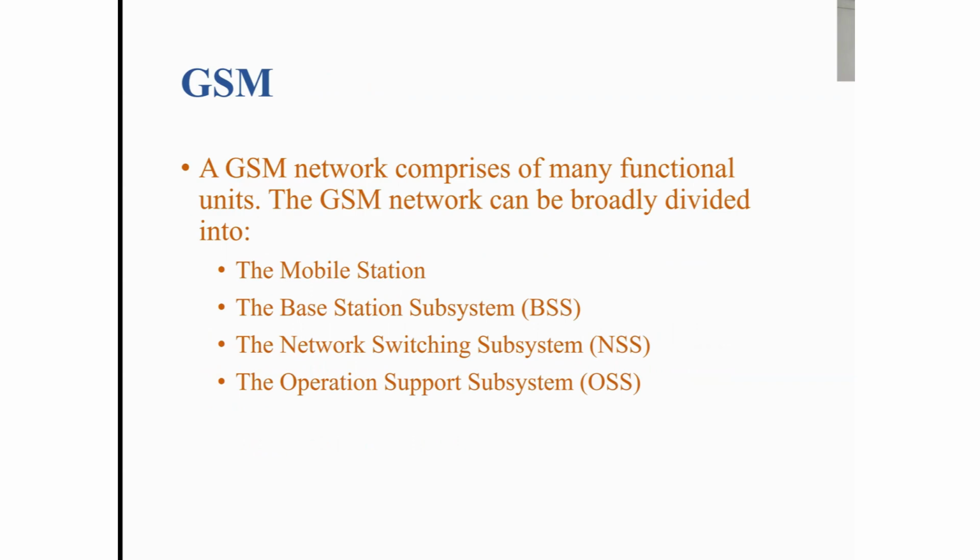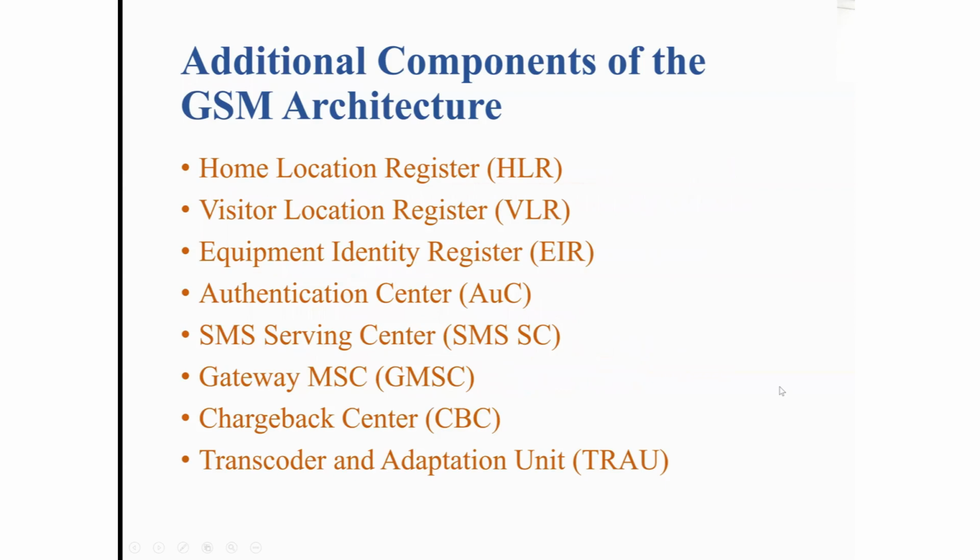The major four components are: first, the mobile station; second, the base station subsystem; third, the network switching subsystem; and fourth, the operation support subsystem. We'll see details and some of the additional sub components which are inside each of these major components, the other additional components in GSM architecture.